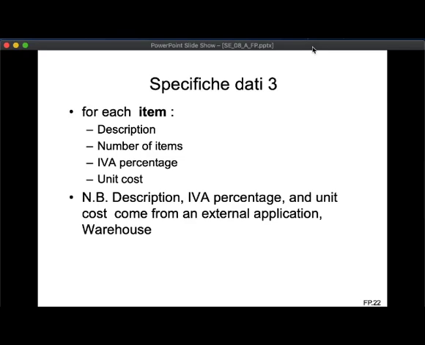In the application that we are considering, we know that the description, the percentage of VAT, IVA, and the unit cost typically come from an external application, which is the warehouse application.